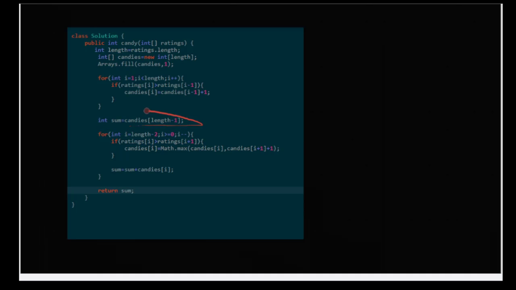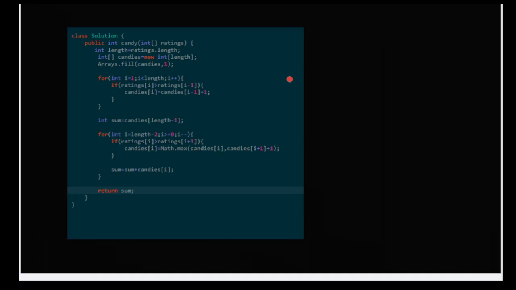Took the last element as sum, traversed again in the opposite direction, length minus 2. If ratings of I is greater, then take the maximum of candies of I or candies of I plus 1 plus 1. In that case, what we are doing after checking this, we are adding it into the sum, because sum is the only thing that's required. So we'll put the sum as the output.